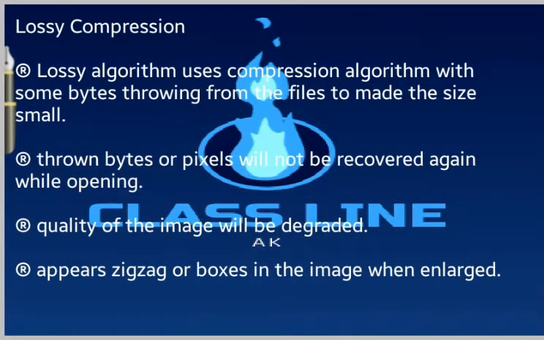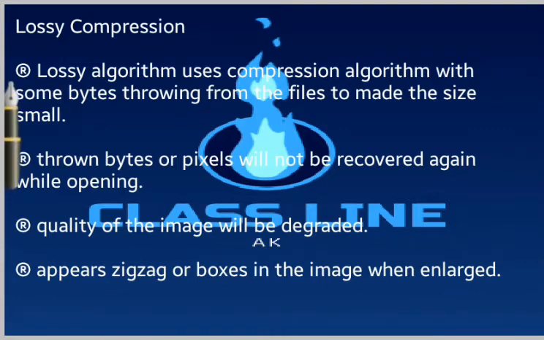Lossy compression. Lossy algorithms use a compression algorithm with some bytes thrown from the file to make the file size small. Each thrown byte or pixel will not be recovered again while opening. Quality of the image will be degraded. Zigzag or boxes appear in the image when enlarged.